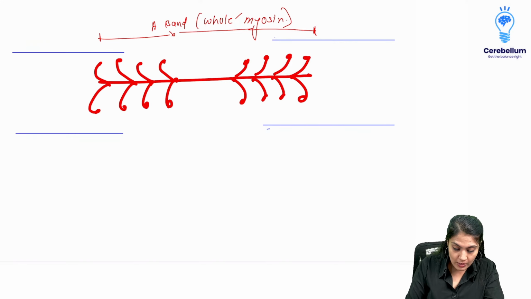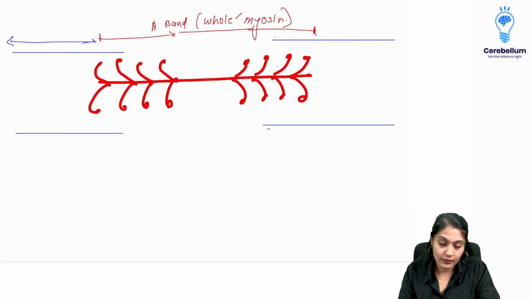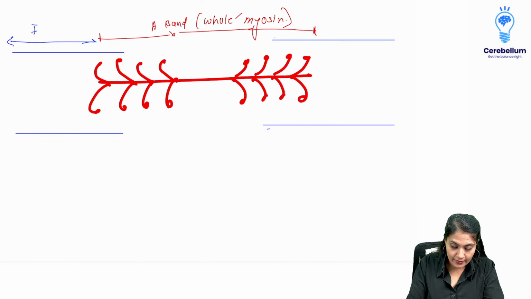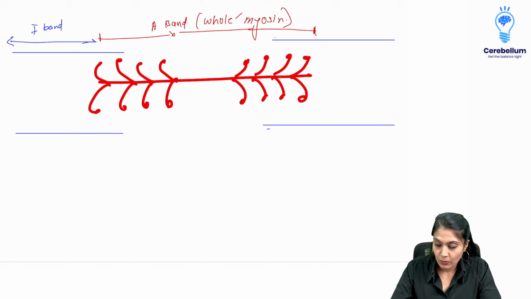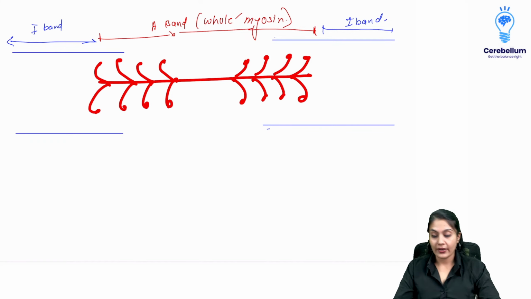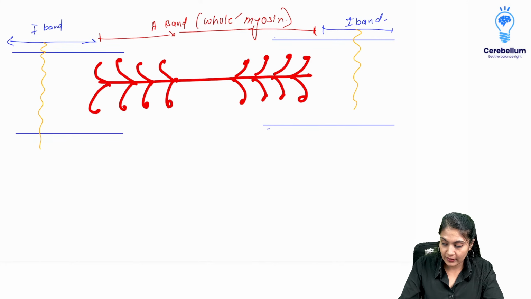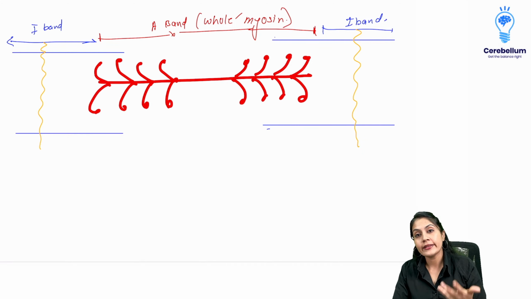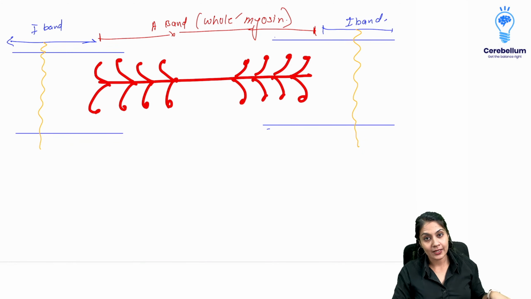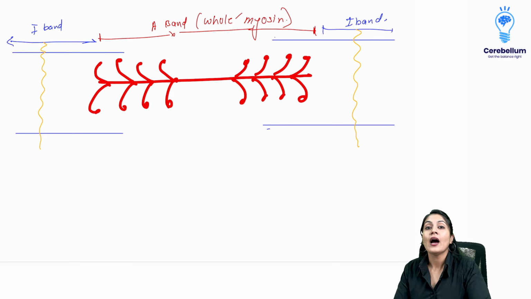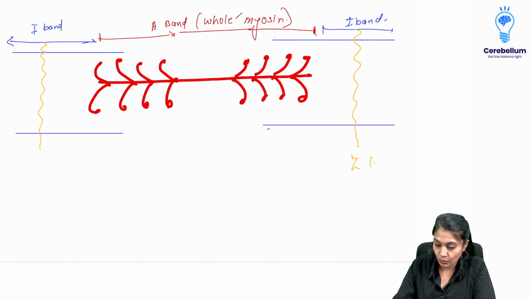So please remember, if I take only actin, this only actin will be called the I band. One I band here, one I band here. Now, I'm going to draw exactly the middle line of the I band. Please remember, I'm not drawing the midline into the actin. I'm drawing the midline of the I band, and these lines are known as Z lines.